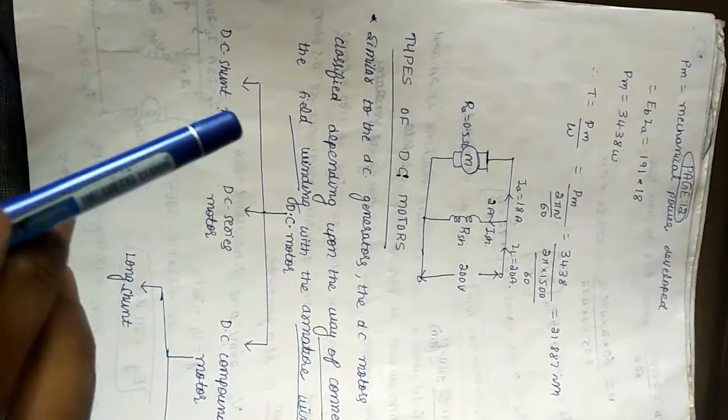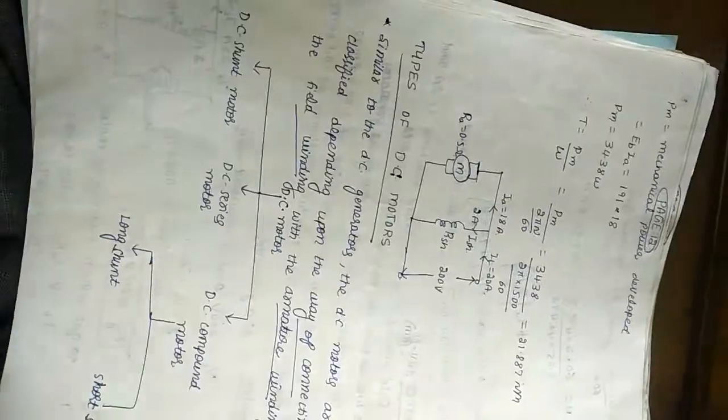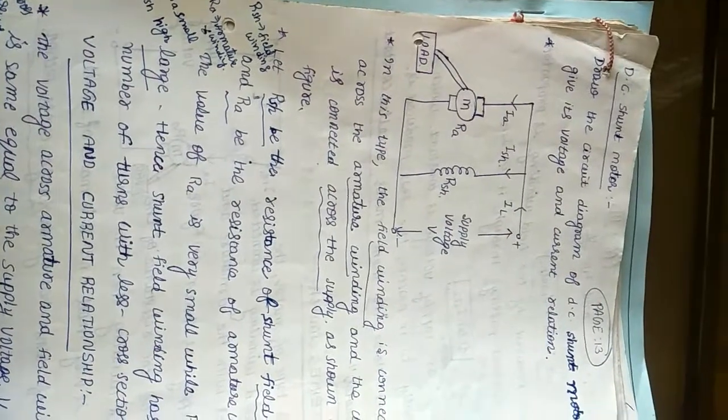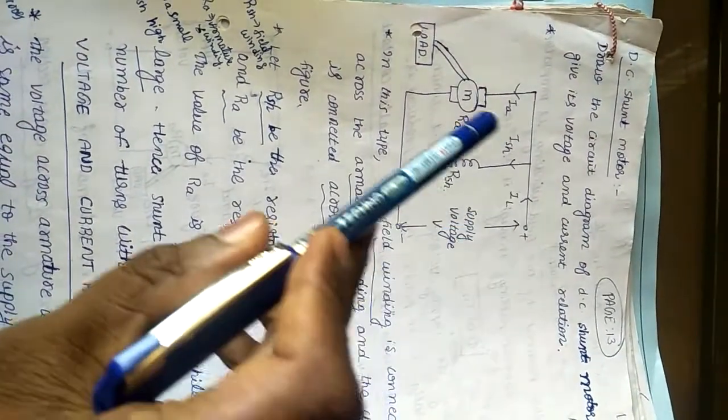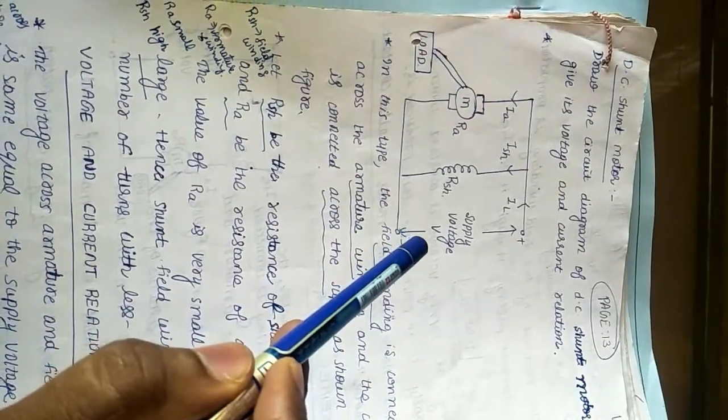First, we will discuss the shunt motor. So this is a circuit diagram for the DC shunt motor.